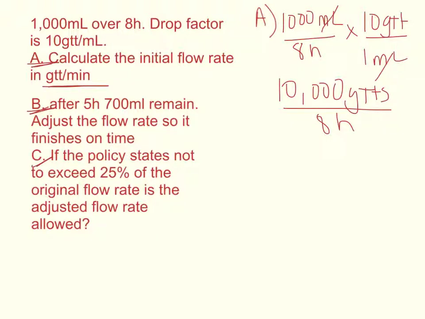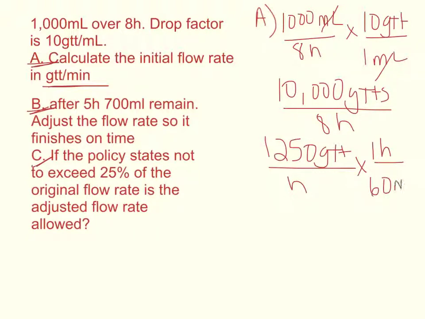So I'm going to first reduce this 10,000 drops over 8 hours down to how many drops per hour. So I'm going to divide 10,000 by the 8, and I get 1,250 drops per hour. And now I'm going to multiply that by the unit fraction of 1 hour is equivalent to 60 minutes. So I have my hour on the top and my minutes on the bottom because I want those hours to cancel out.